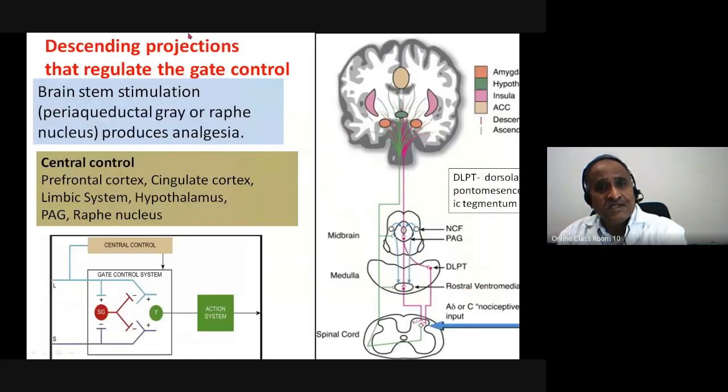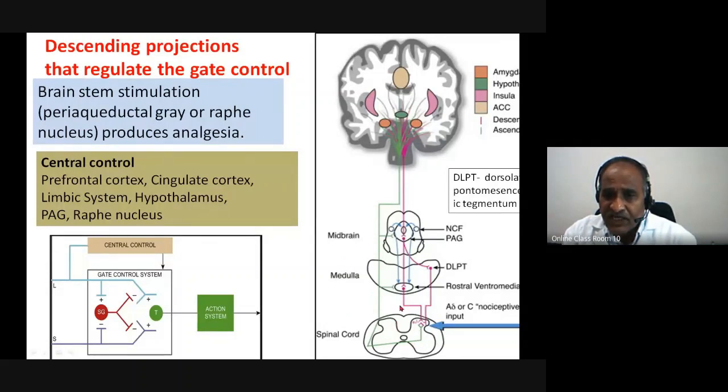Now, what are the various descending projections that regulate gate control theory? The descending projections come from the brainstem, especially the periaqueductal area from the midbrain, and the raphe nucleus. So here is a brief summary of the descending projections.